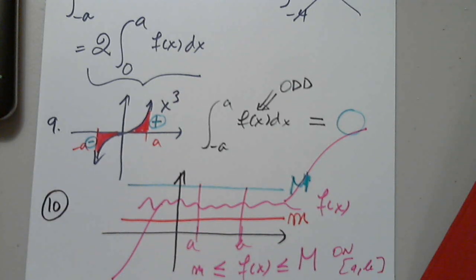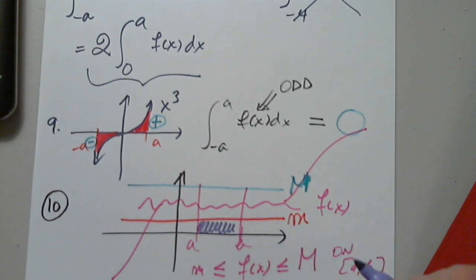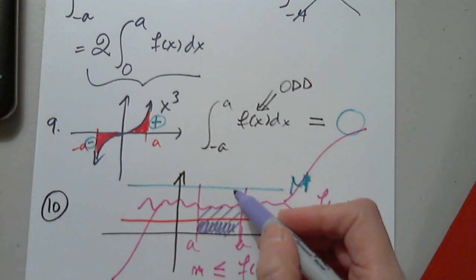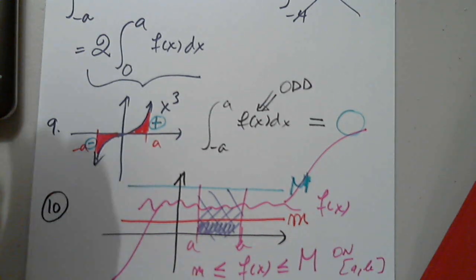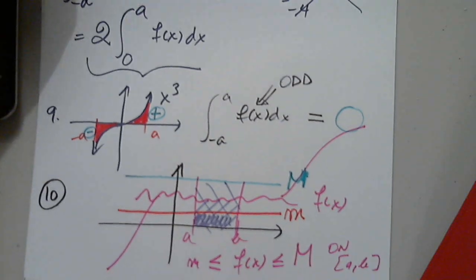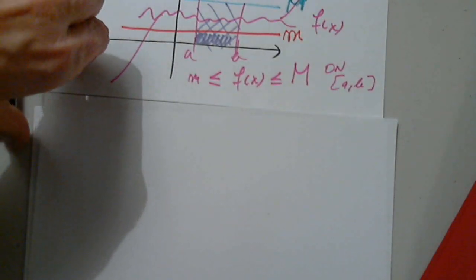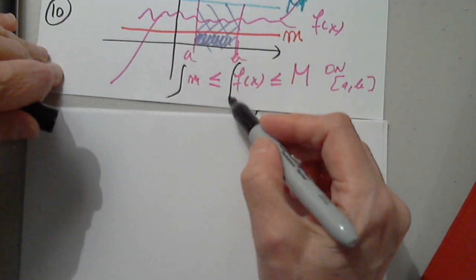Is it clear that this area will be smaller than this area, which will be smaller than this area? Very similar to a previous property, very similar. All I have to do is just put the integral symbol.